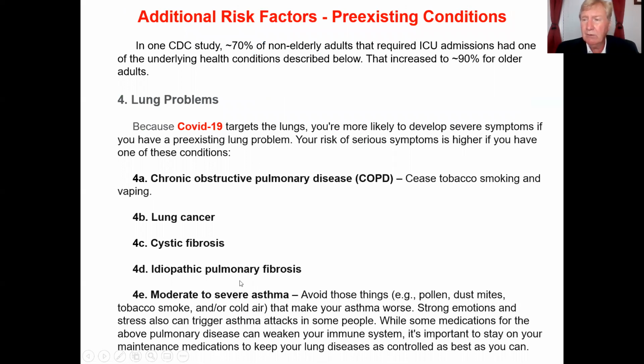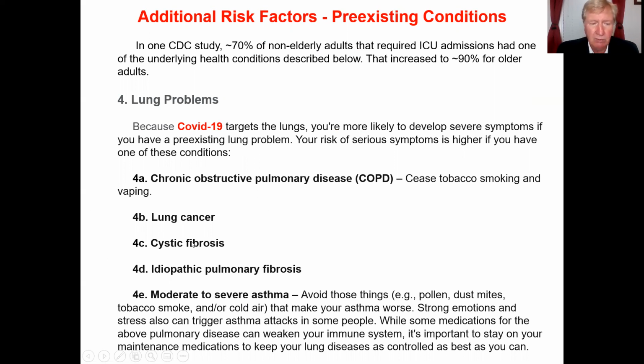A fourth reason is that the lung is affected, as you notice that many of the people who are in hospital are on ventilators. So if you already have a pre-existing lung condition like COPD, lung cancer, cystic fibrosis, idiopathic pulmonary fibrosis, or even moderate to severe asthma, you're at increased risk of developing severe COVID.